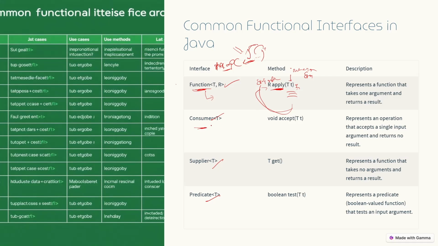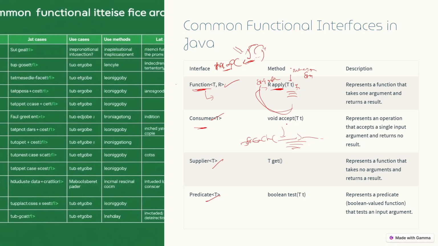Next one is Consumer. What is a consumer? We have forEach, right? What will forEach do? It will take the input and just print it, or you can do something else with it. Maybe you are printing those elements, right? So it is taking the element, and it is not giving anything to the next step, or performing any operation inside of it. It just iterates and gives that element.